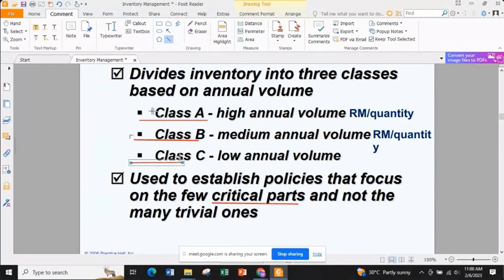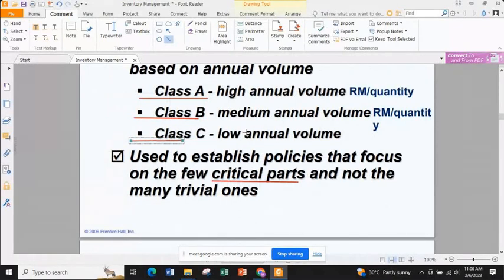So we can say A, B, C are interlinked, even though you have T20, M40, B40. As humans we are the same; we are all dependent on every person. You cannot ignore class C even though it is low annual volume.